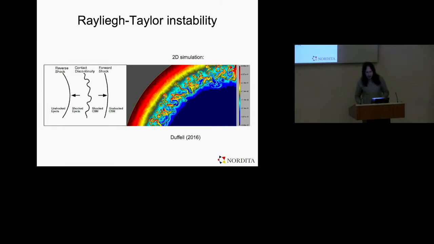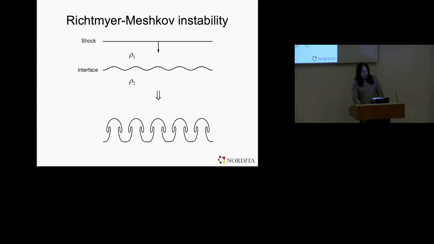The hypothesis I had was that if you get this, you can induce other instabilities, and we will see that in a minute. The Rayleigh-Taylor instability, you might remember, is caused by the reverse shock. When you have a contact discontinuity between the ejecta and the CSM, and a reverse shock passes through it, you get mushrooms, basically.